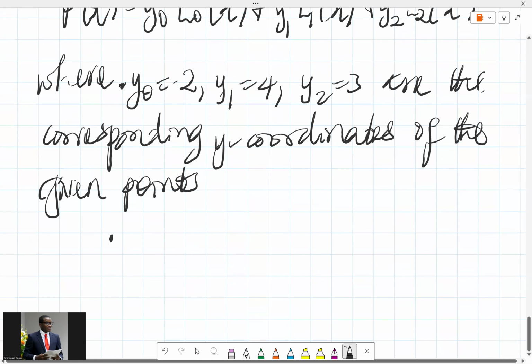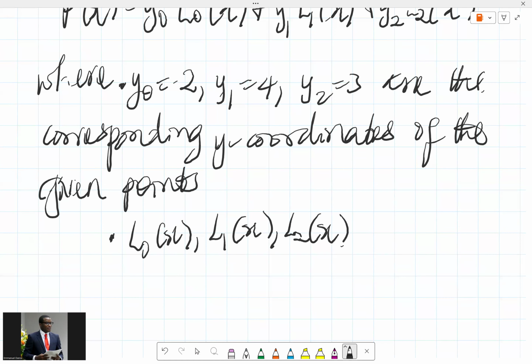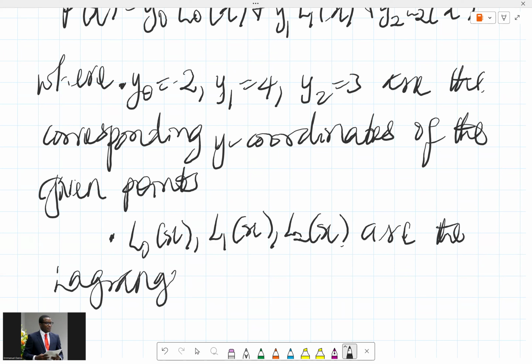Then we have L0 of x, L1 of x, L2 of x, which are the Lagrange basis polynomials.